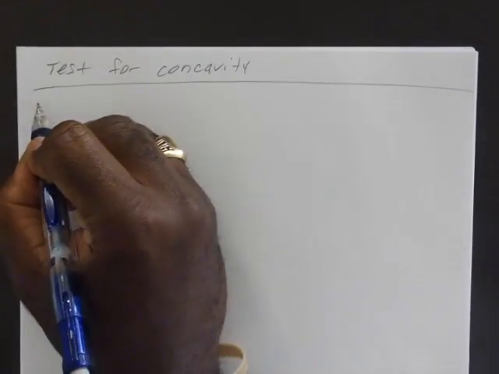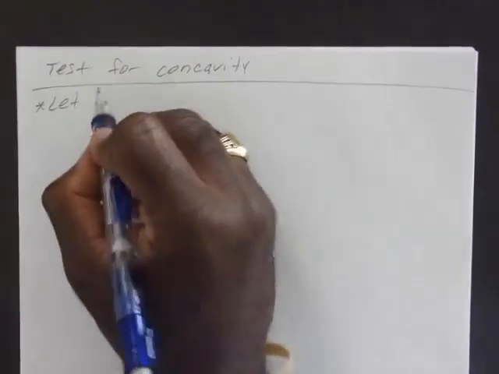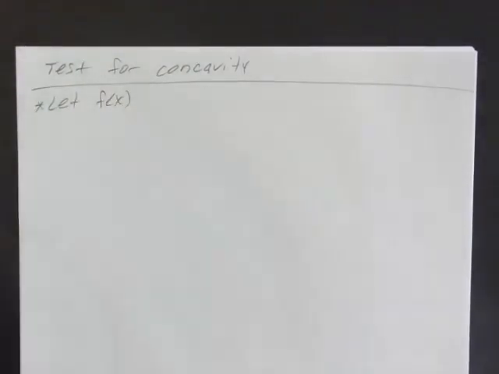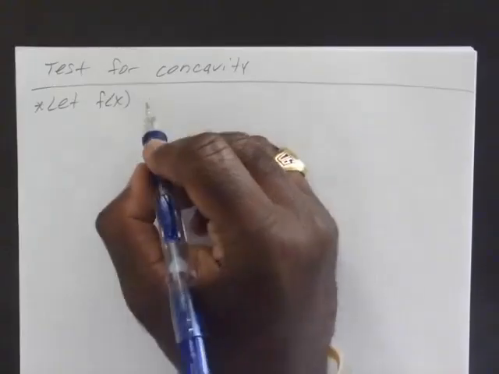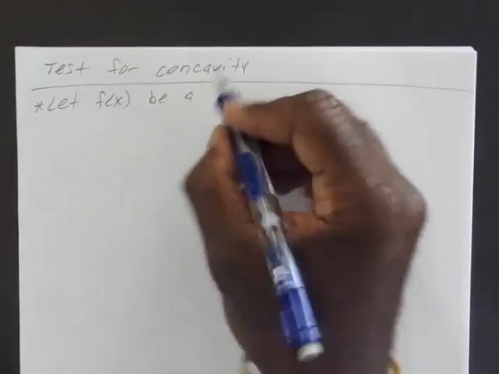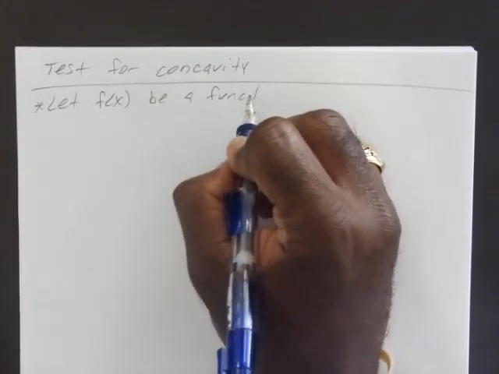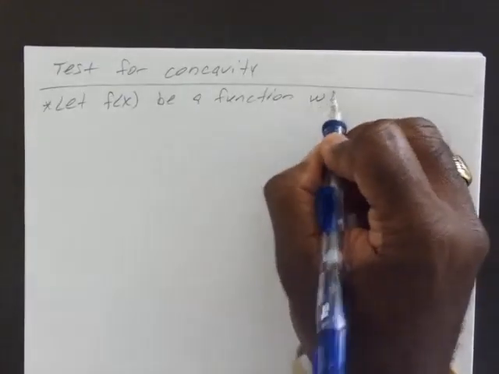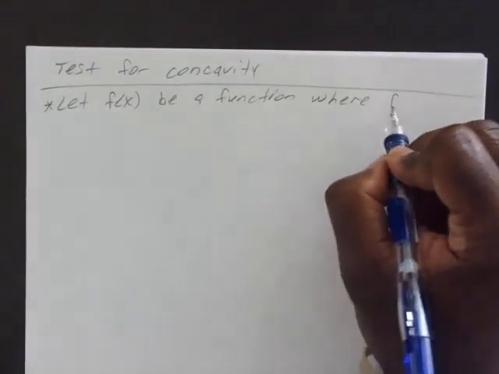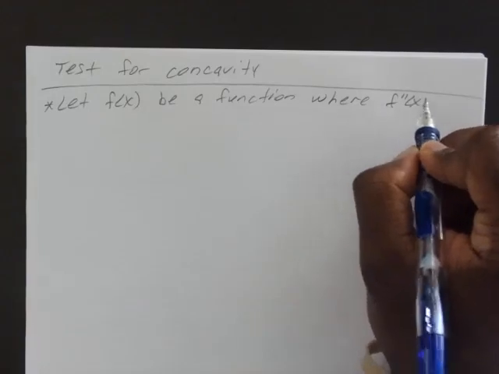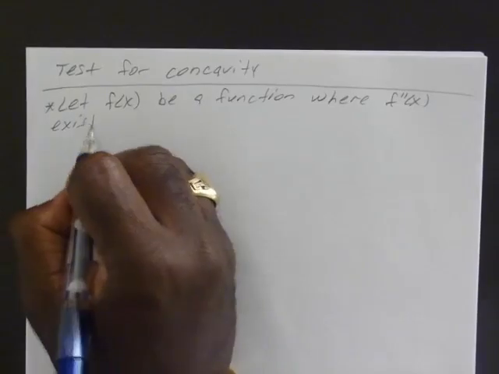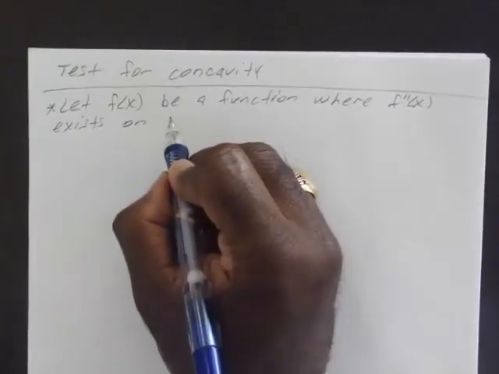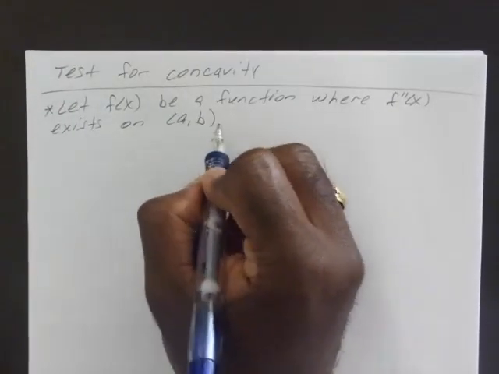Okay, so what if we let f of x represent a function where the second derivative exists on some interval from a to b.